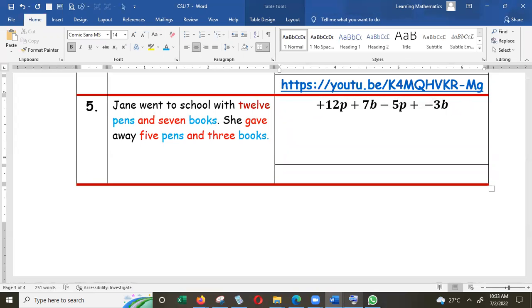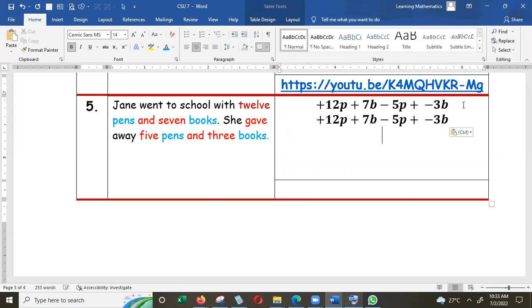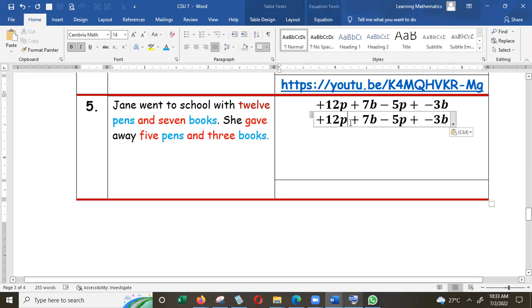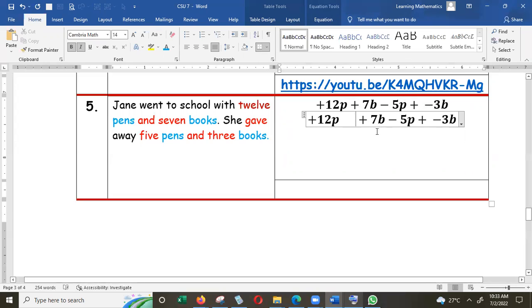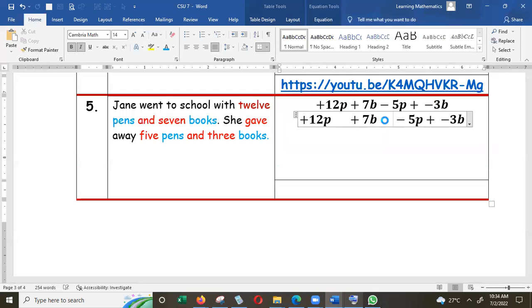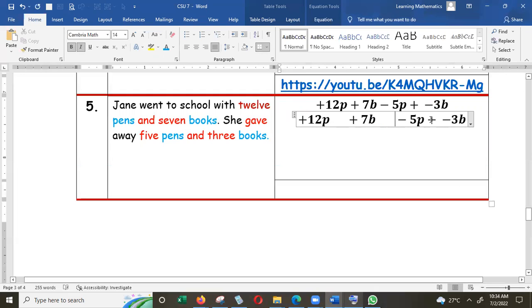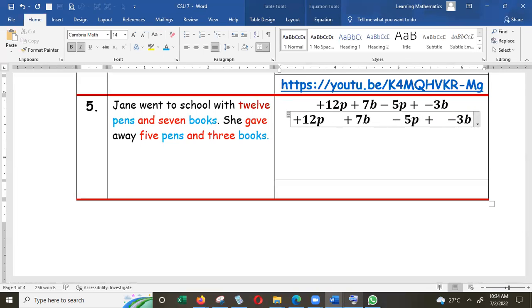So we can do some separation here of certain quantities. She has 12 pens and 7 books. So this plus sign belongs to the 7. If we want to separate 12 and 7, we have to keep the plus sign with the 7. That negative sign belongs to the 5. That plus sign is like a conjunction, and subtract 3.